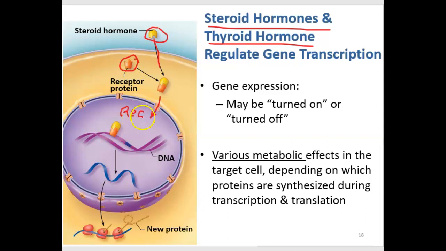And then together the receptor and the hormone bind to the DNA, and this might either enhance transcription or inhibit transcription. This particular picture shows that the yellow hormone has enabled transcription to take place. So this is our messenger RNA, and so now a new protein is going to be made by the ribosomes in response to that original hormone binding to its receptor.